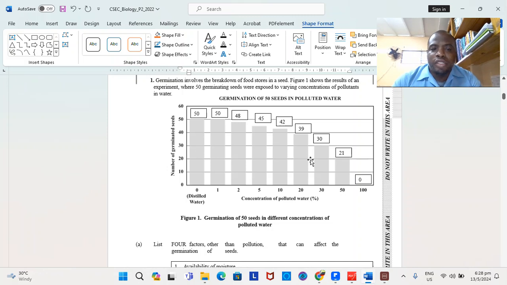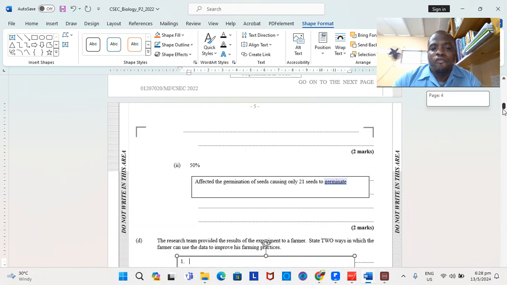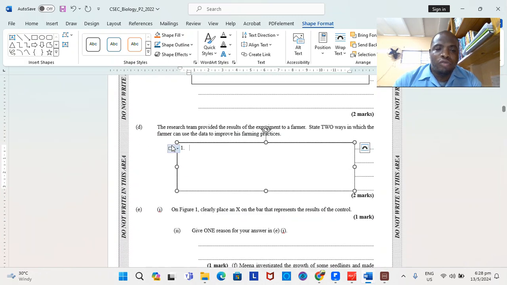It reduces the amount of seeds that are able to germinate. So now, if we give that information to a farmer, he can ensure that the water he's using is of a certain quality, because he now knows water is not just water.